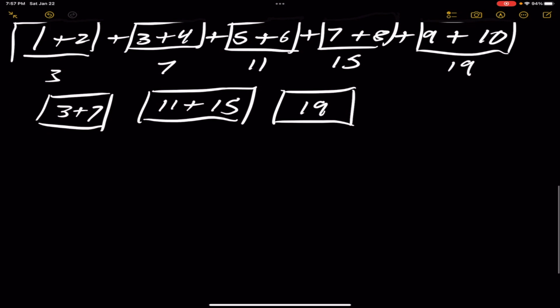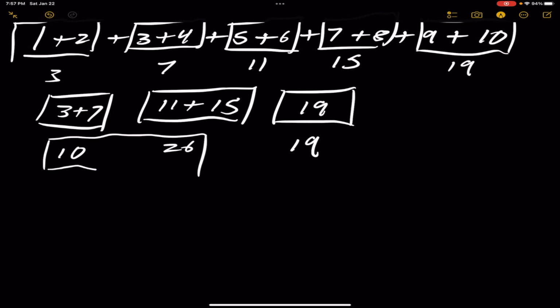So 3 plus 7 is 10. 11 plus 15, that's 26. And then 19. Do the same thing for 10 plus 26. That'll be 36. And just bring down 19 and give it to another computer.